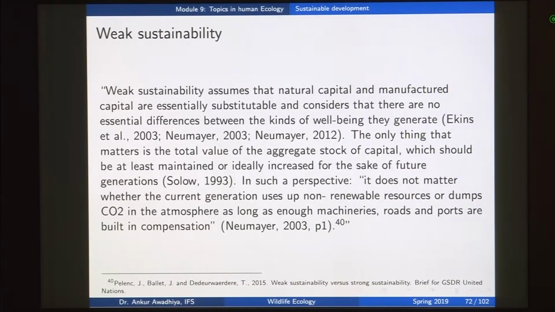So, when we are talking about weak sustainability, it says that even if you are releasing waste into the environment, if you are able to get some products out of it, you are reducing your natural capital but you are increasing your manufactured capital, so that compensates one another.